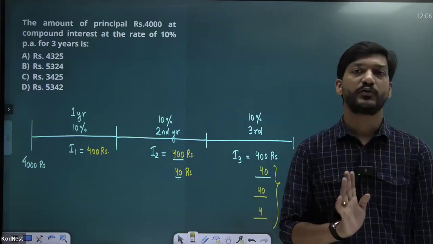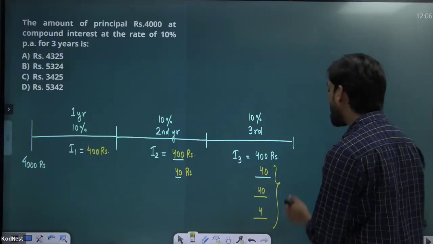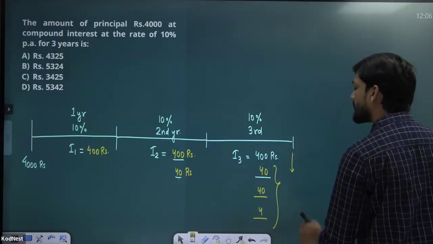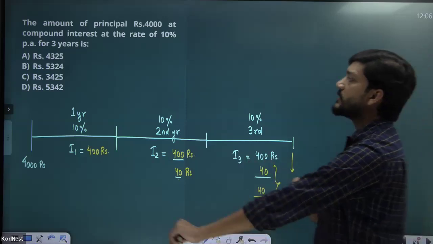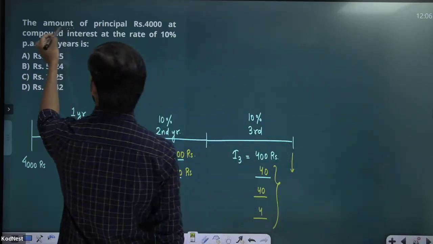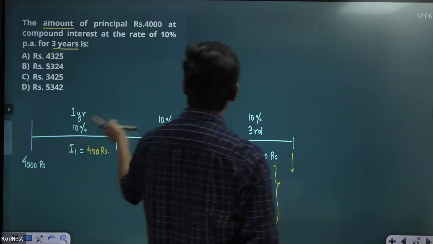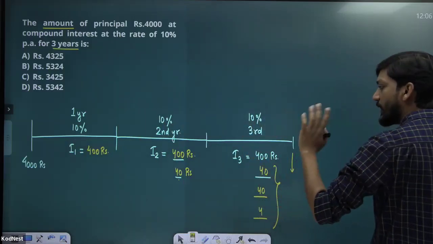This is what we have to do if we have to calculate the final balance or the compound interest. Now carefully see, they are asking the amount after 3 years. So amount means everything you will have to add it up.